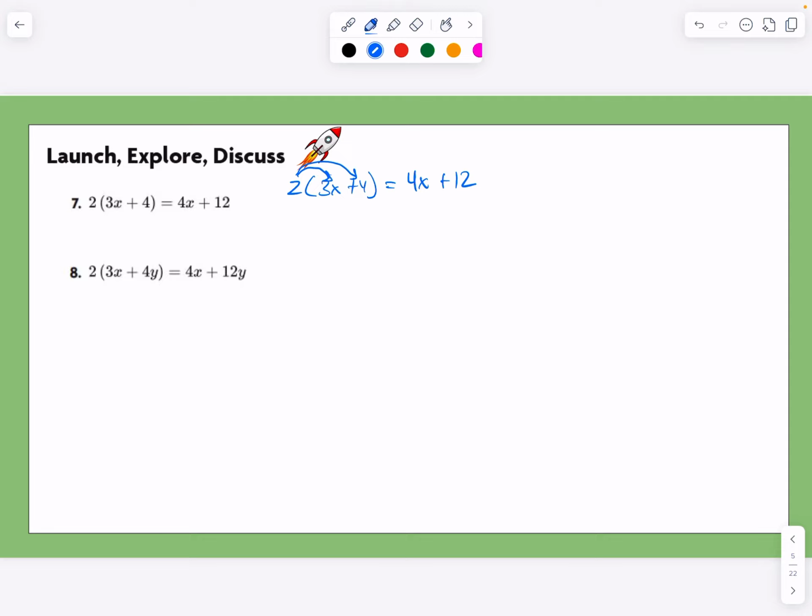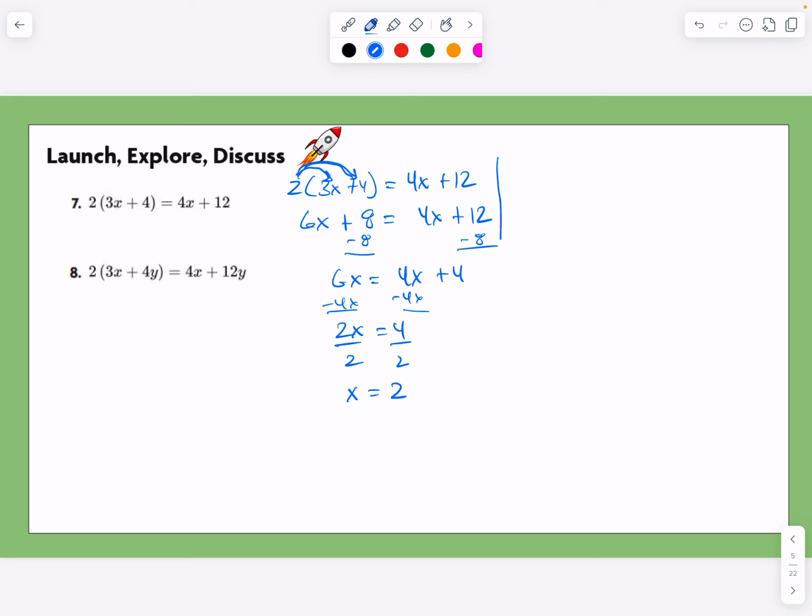So 2 times 3x is 6x, plus 2 times 4 is 8, and I'll make that equal to 4x plus 12. I'm doing that just so I can manipulate my variables a little bit. I'm now going to subtract 8 from this side, so 6x equals 4x plus 4. I'll subtract 4x from this side, so now 2x equals 4. Now I'll divide both sides by 2 so that x equals 4 divided by 2, or simply 2.